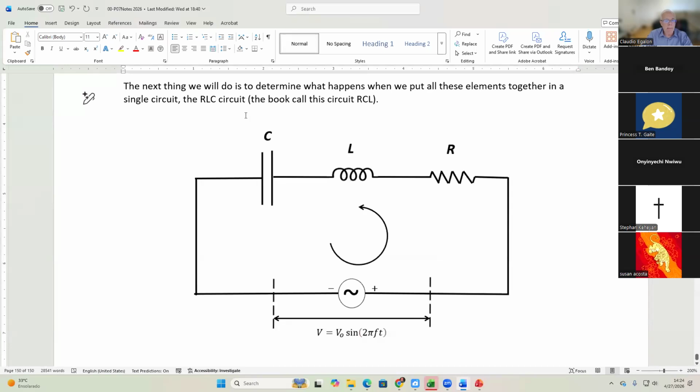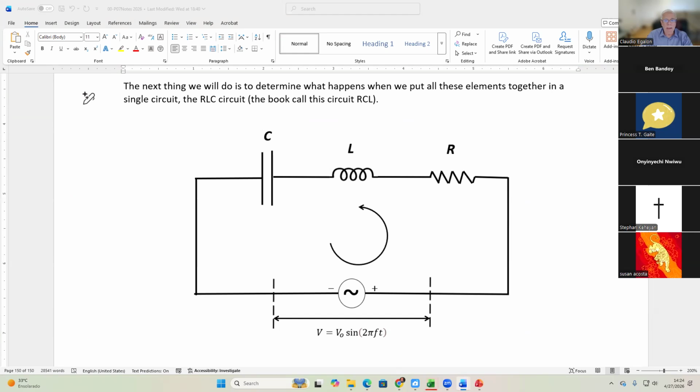Okay? Applying Kirchhoff's loop law, right? And that would be the example.